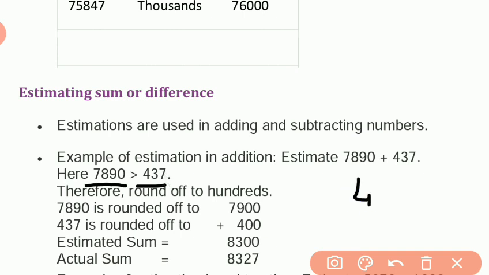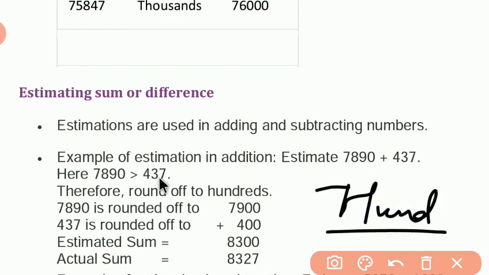Out of these, which is the smallest number? 437. And we have to round off the given numbers to the highest place value of the smallest number. You have to see the place value of the smallest number: ones, tens and 100. So 100 is the highest place value of the smallest number. It means we have to round off to the nearest 100.